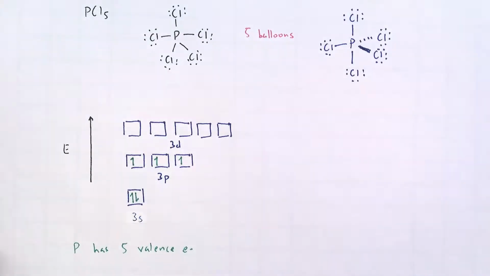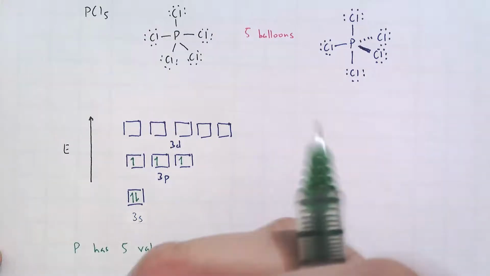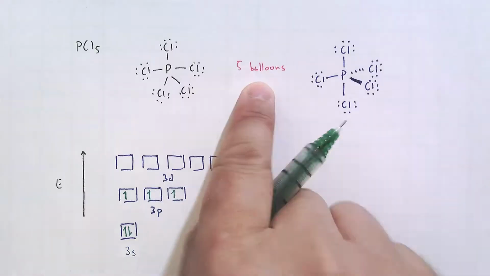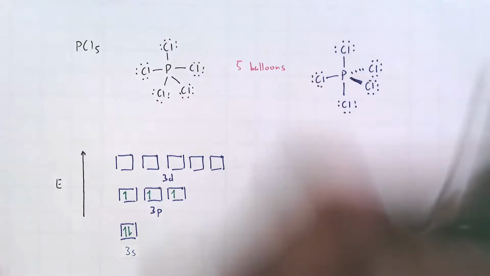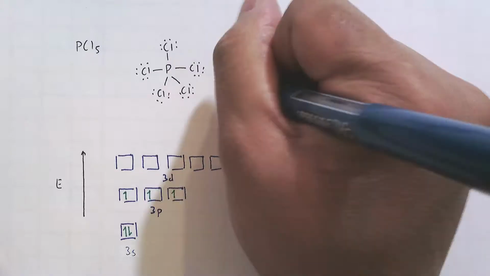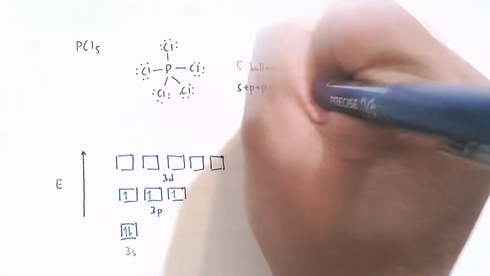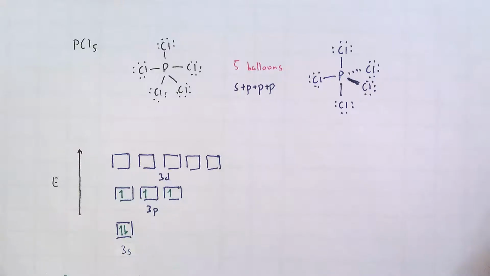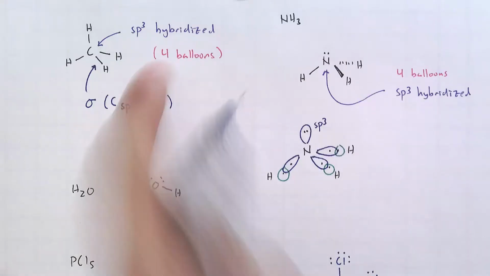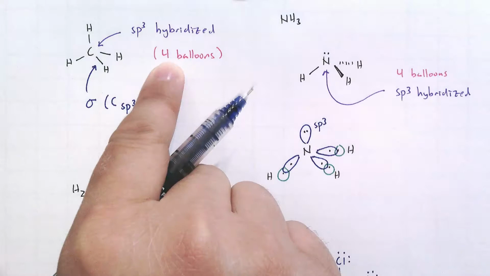What are we hybridizing? We are hybridizing in such a way that we get 5 balloons. We know that if we hybridize an s plus a p plus a p plus a p, that's sp3, and sp3 only gives us 4 balloons. We don't have any more p orbitals, right?